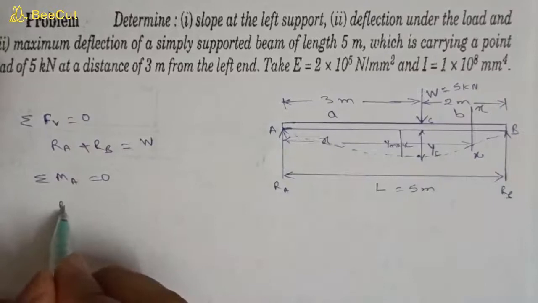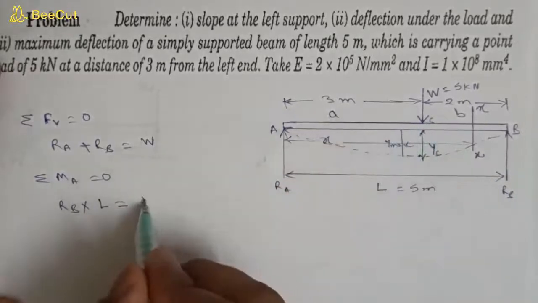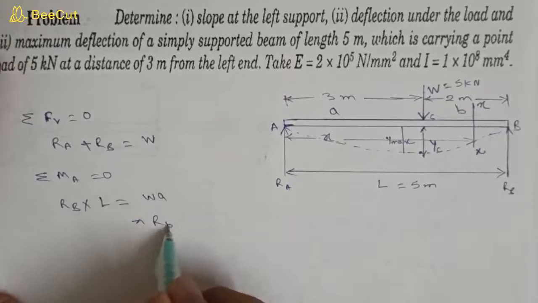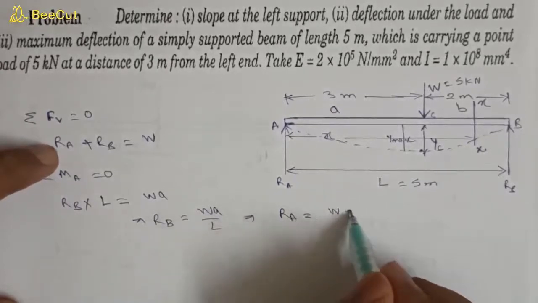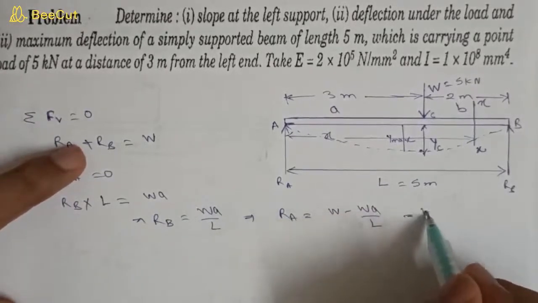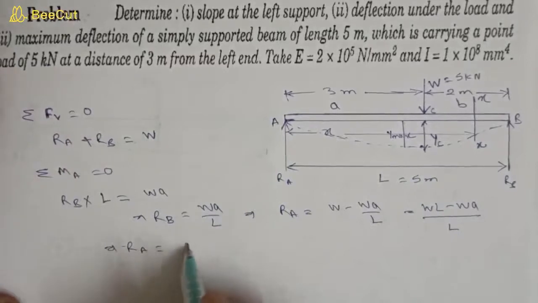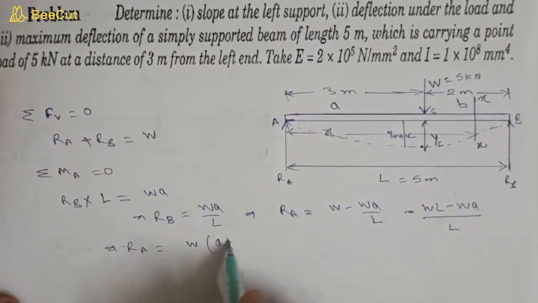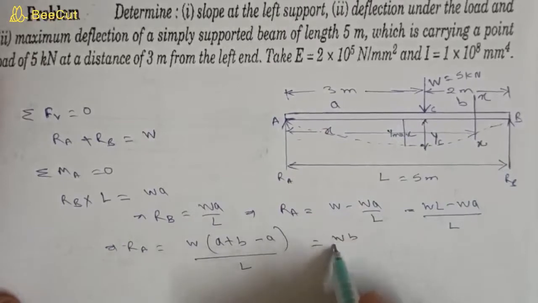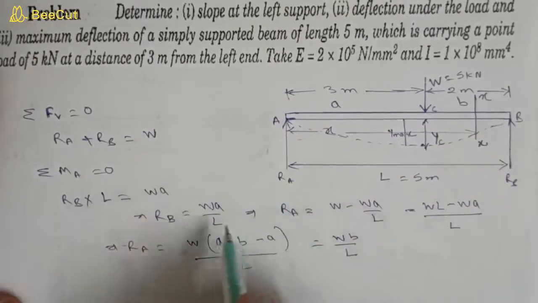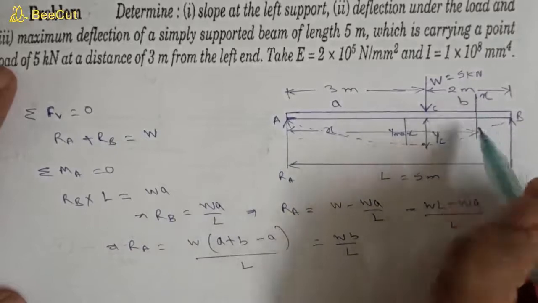So we will write RB into L is equal to W into this distance A. So we can write RB is equal to WA by L. Then RA is W minus WA by L. So you can write WL minus WA divided by L. So RA will become, we will take W common, L we can write A plus B. L is equal to A plus B, so it is L minus A divided by L. So WB by L. Okay, so RA is WB by L and RB is WA by L.